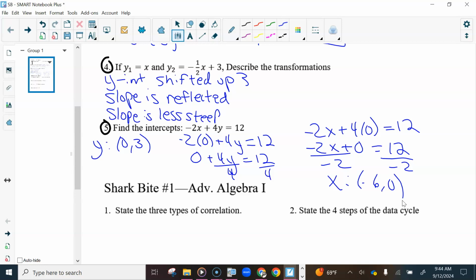The 3.1a, the multi-step, is formative. The 3.4 is going to be your real world problems, is also formative. So the two that are due next week will both be formative. The 3.1b, which is going to be multi-step equations with variables on both sides, that one will be summative.